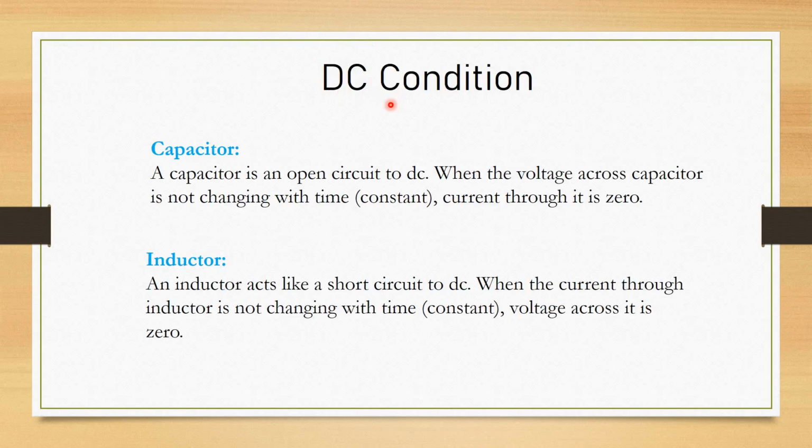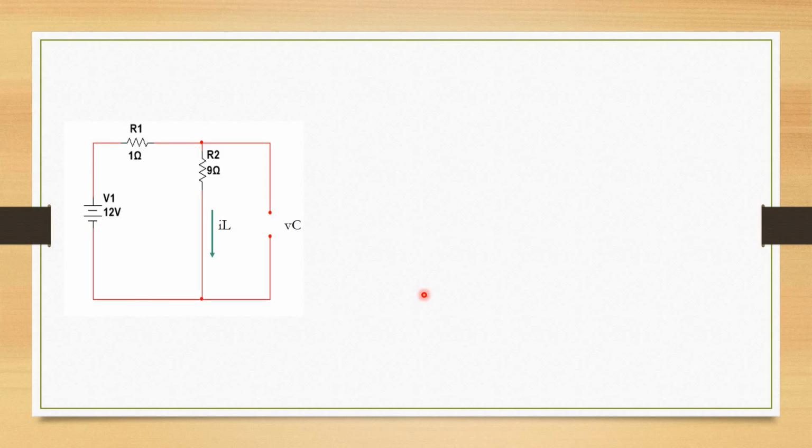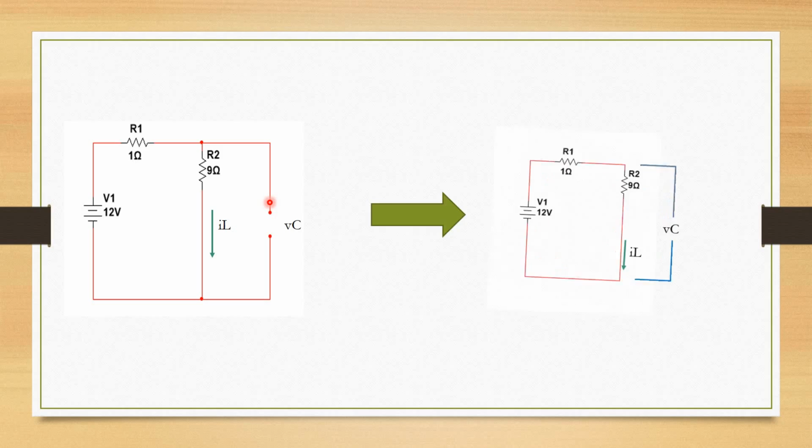Depending on the DC condition, the capacitance will be an open circuit and the inductance will act as a short circuit. So I have redrawn the circuit. Over here the L is now a short circuit and the C is now an open circuit. To be more precise, I have redrawn the circuit.